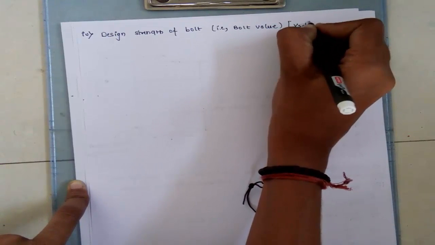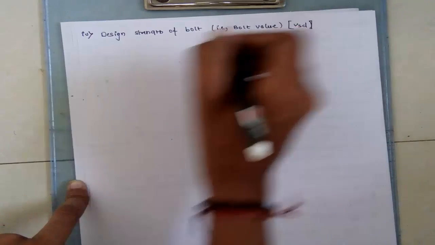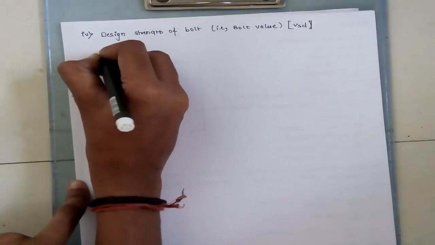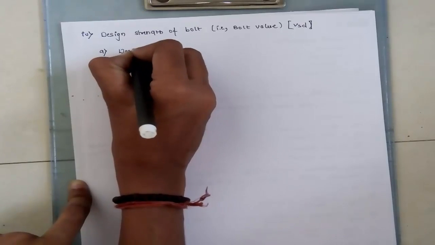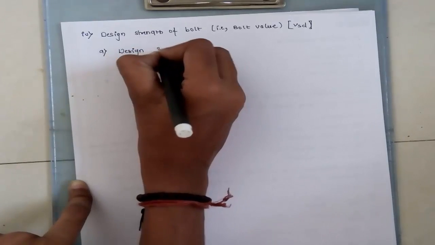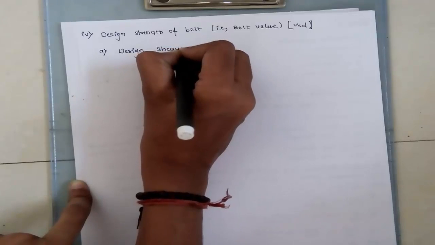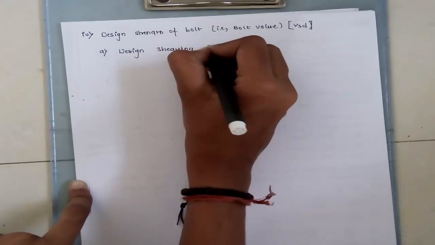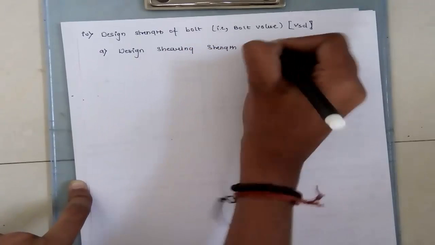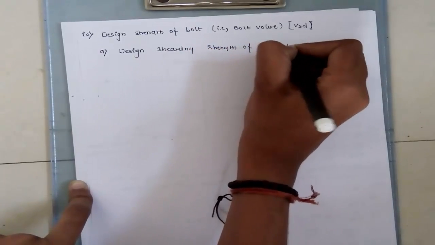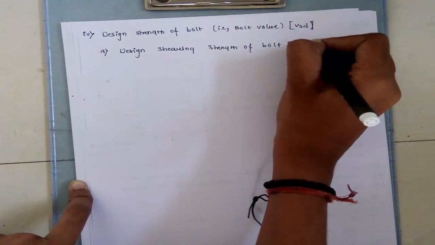We call it VDSB or VSD. In that, first we have to calculate the design shear strength of bolt. Bolt in single shear.